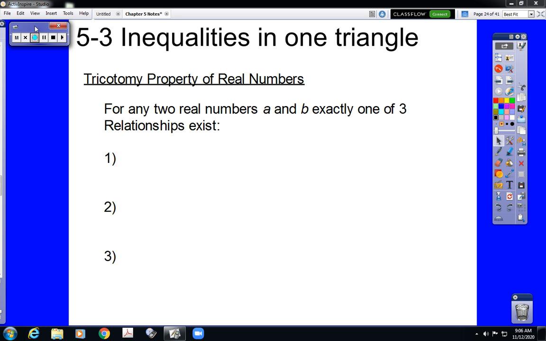So here we go. We start off talking about the trichotomy property of real numbers, which says for any two real numbers a and b, exactly one of three relationships exist.